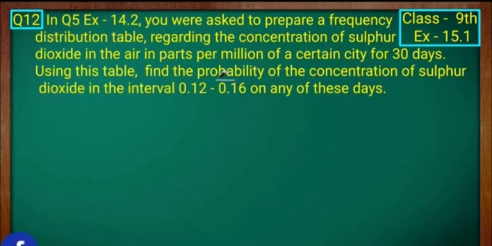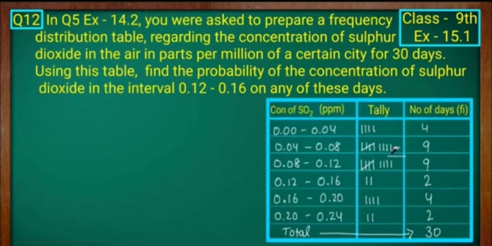We want to refer to the frequency distribution table of sulfur dioxide in question number 5 of exercise 14.2. From that table we want to find the probability of the concentration of sulfur dioxide in the interval 0.12 to 0.16.